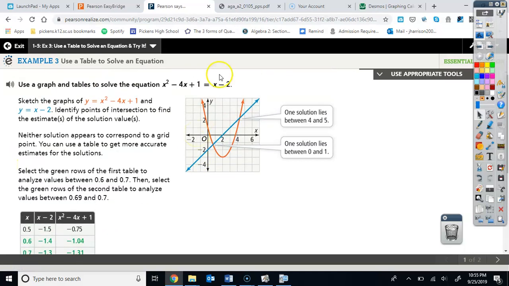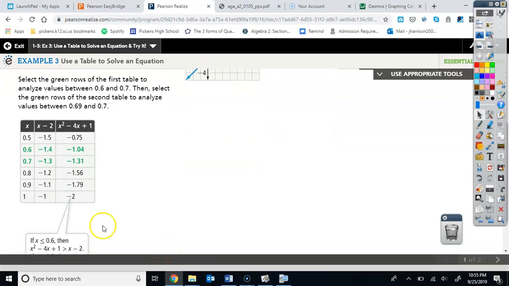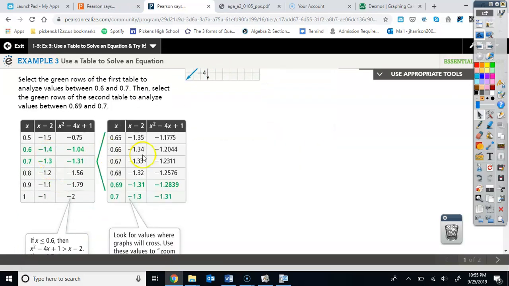If I want to find when they are equal, I can make another table and plug in numbers that are even smaller in increments: 0.65, 0.66, 0.67, 0.68. That's going to require some work to plug those in.